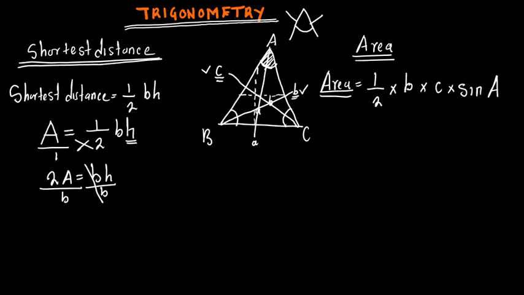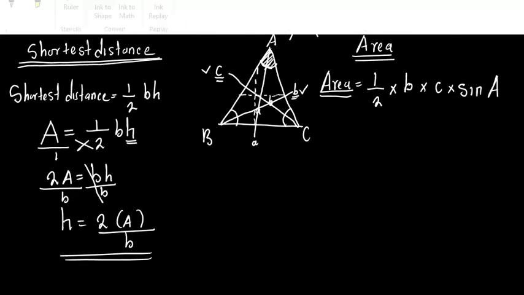If we cancel that, h is going to equal 2 times the area over the base. So that is the formula that we use for the shortest distance. We shall be using this formula often, so make sure that you familiarize yourself with it.